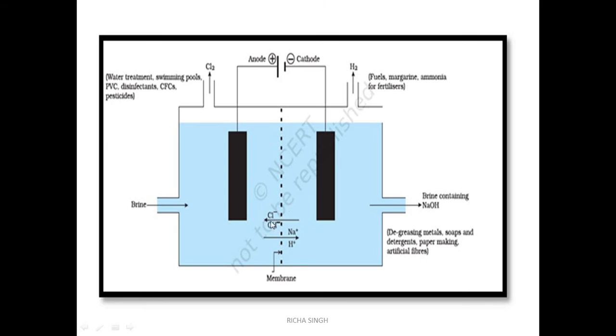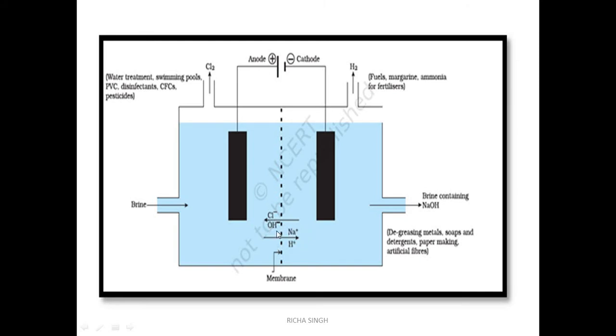As the Cl minus ion has a bigger size, with one electron in the last shell, it is more reactive. So at the anode, because it's the positive terminal, it will lose that electron and get oxidized to Cl2, to become more stable.